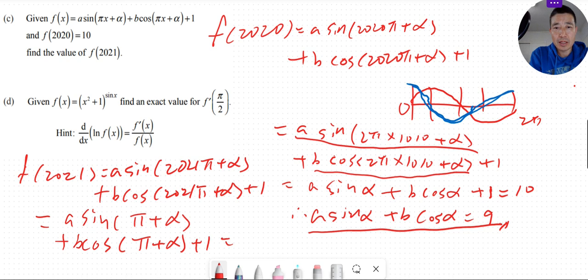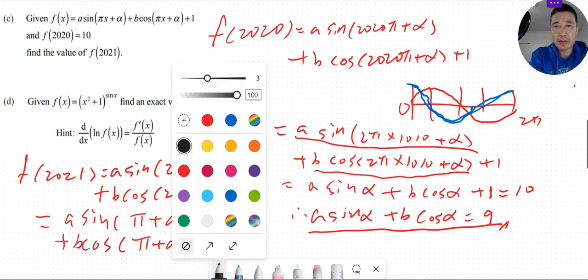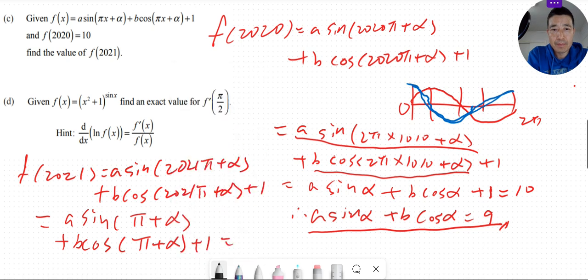So here, this means 2020 pi plus alpha, isn't it? So from here, if you see the sine graph, you have to go pi much and alpha. Say alpha is here, right?